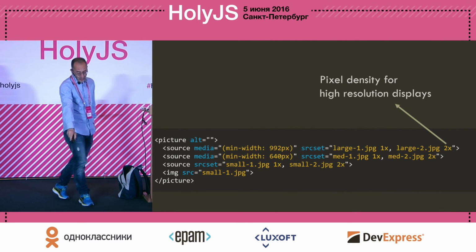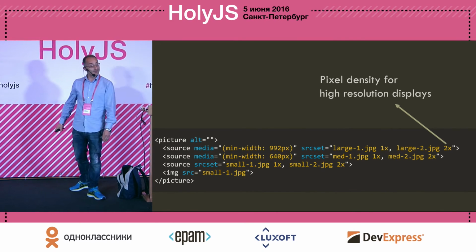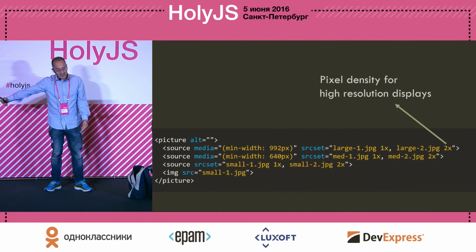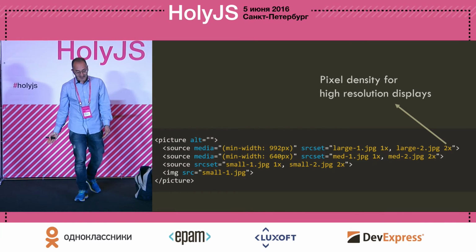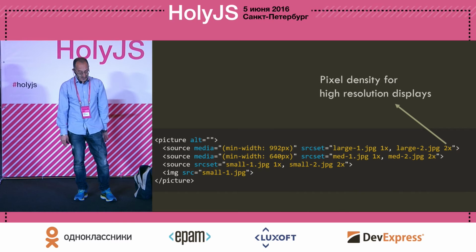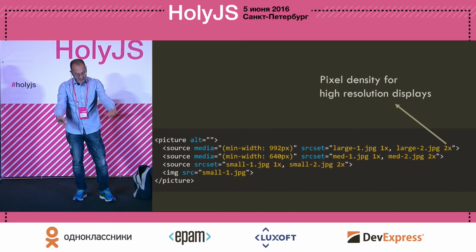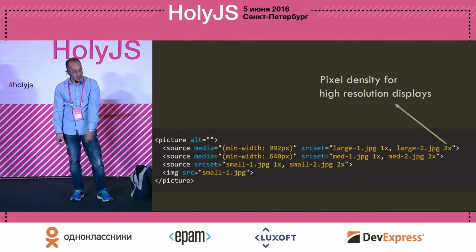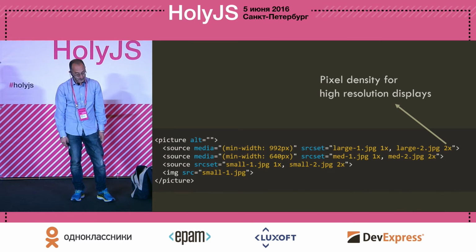We have another raw media, min-width 640 pixels, and then we have another collection of images that on a per density basis have MED-1 and MED-2. We also have a default, so if the screen width is lower than 640, then we choose small-1 or small-2.